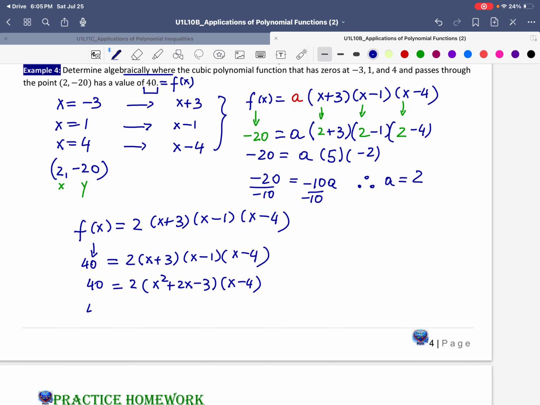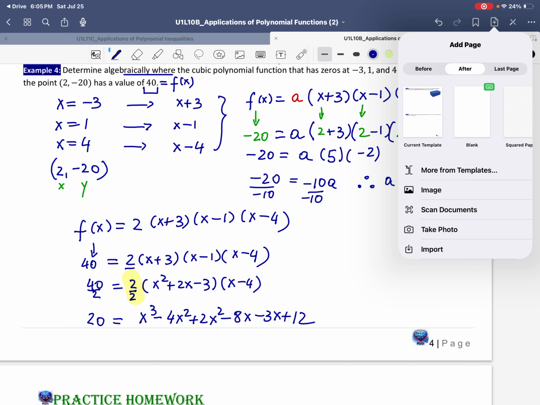And since we are here, we can divide actually by 2 both sides just to simplify the equation a little bit more. So we have 20 equals, this will become a 1, and we'll expand x to the power of 3 minus 4x squared plus 2x squared minus 8x minus 3x plus 12.